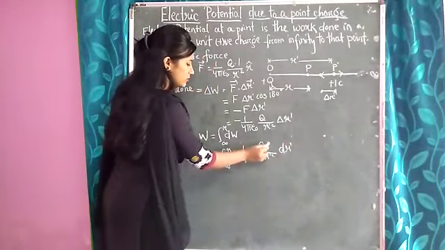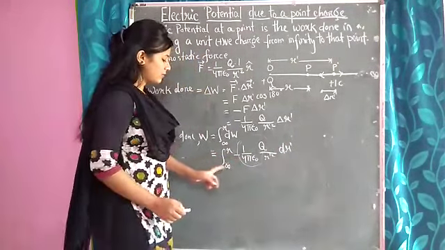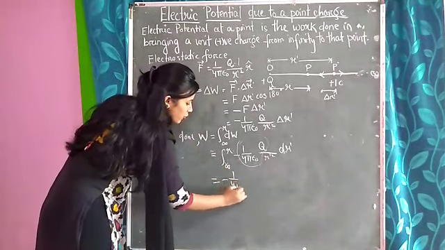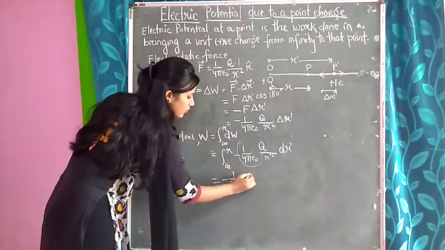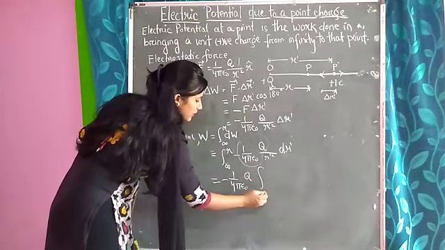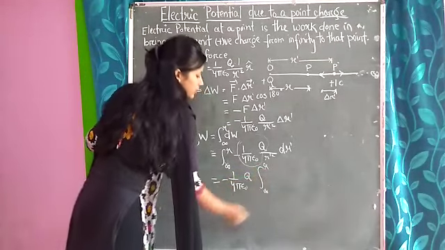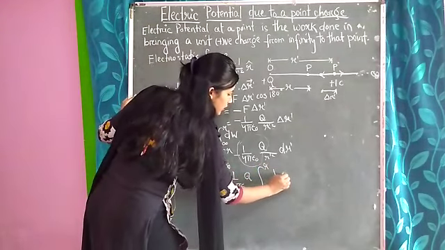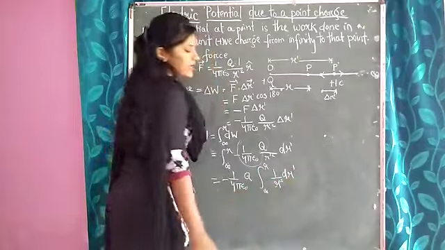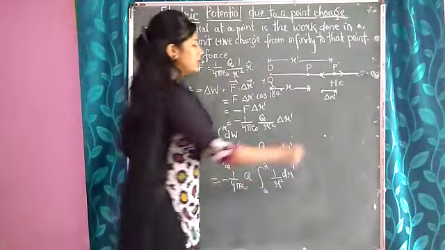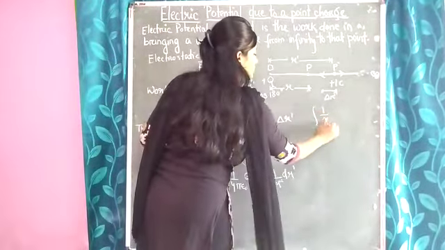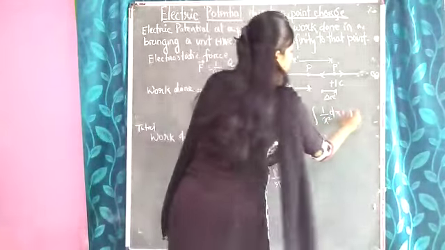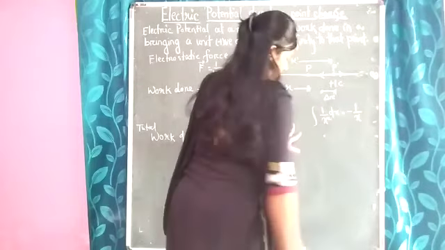Since this is a constant term, I will bring it out: minus 1 by 4 pi epsilon naught Q, then the integration from infinity to R of 1 by r dash square dr dash. What is the integration of 1 by x square dx? Its value is minus 1 by x.